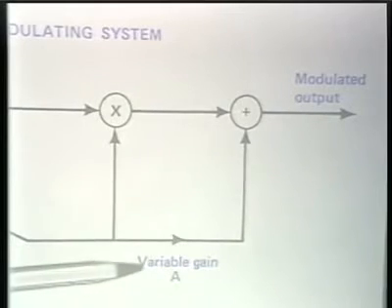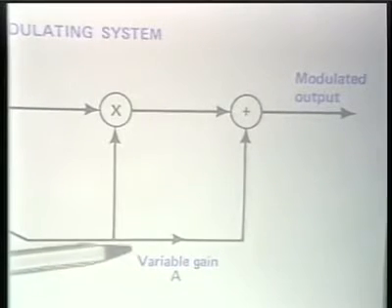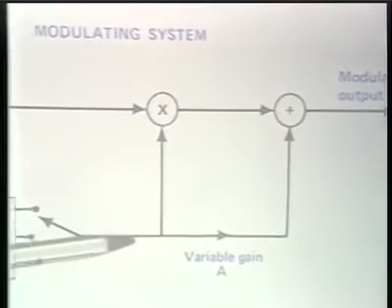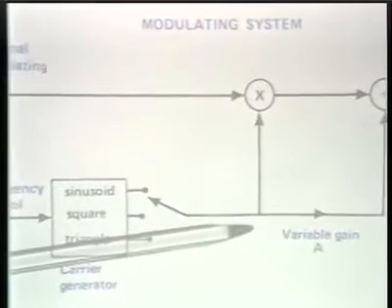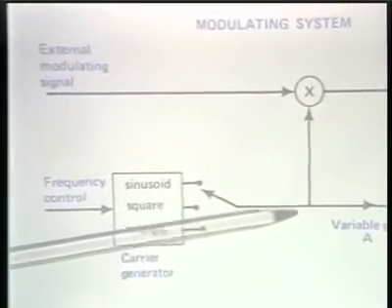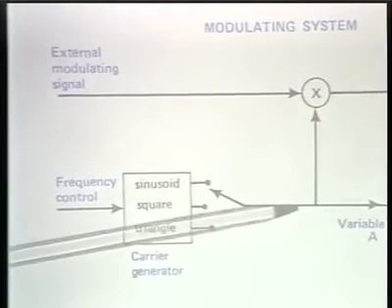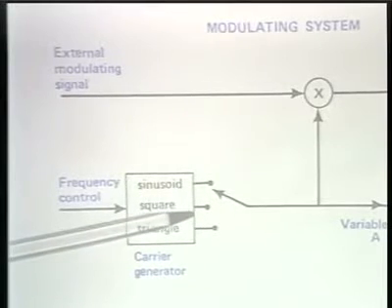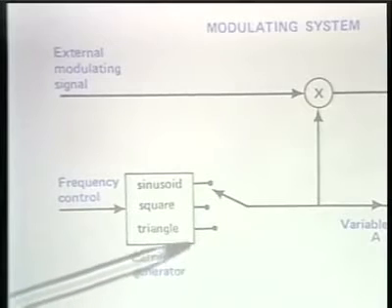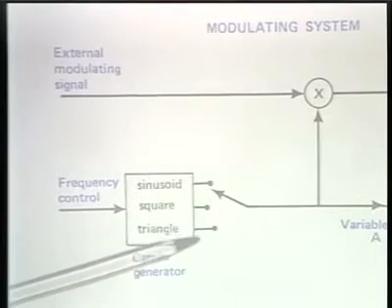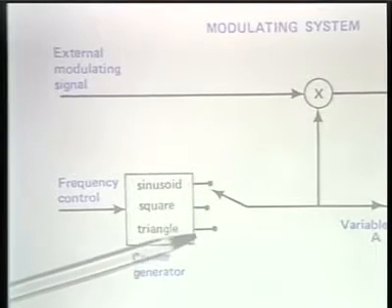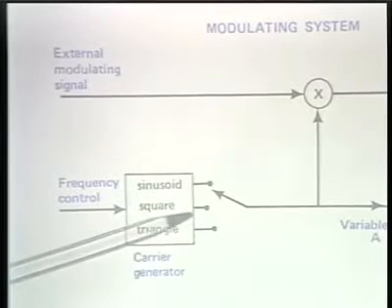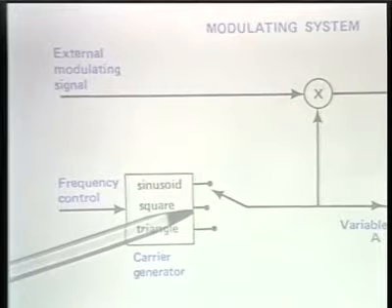And so the modulated output can have a variable percent modulation, the percent modulation being changed depending on how we set this variable gain. Now, in addition to sinusoidal modulation, for the particular system that we're using, we have somewhat more flexibility. We can use, in addition to a sinusoidal carrier, a square wave carrier or a triangular carrier, and as we'll indicate in a moment when we illustrate this, there are some specific advantages to using, for example, a square wave carrier.